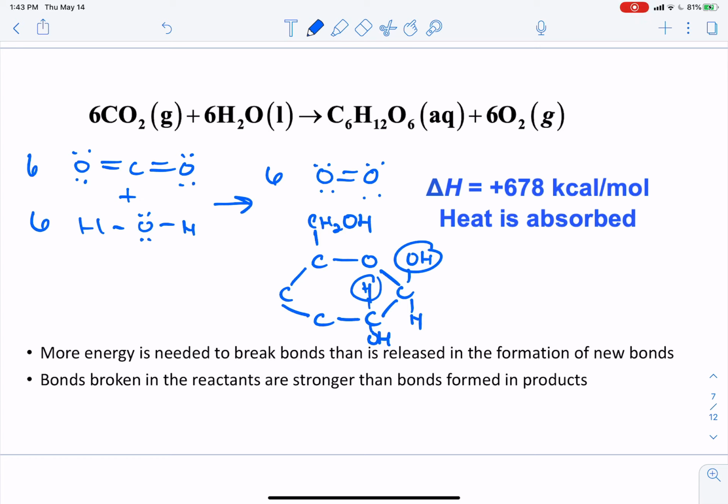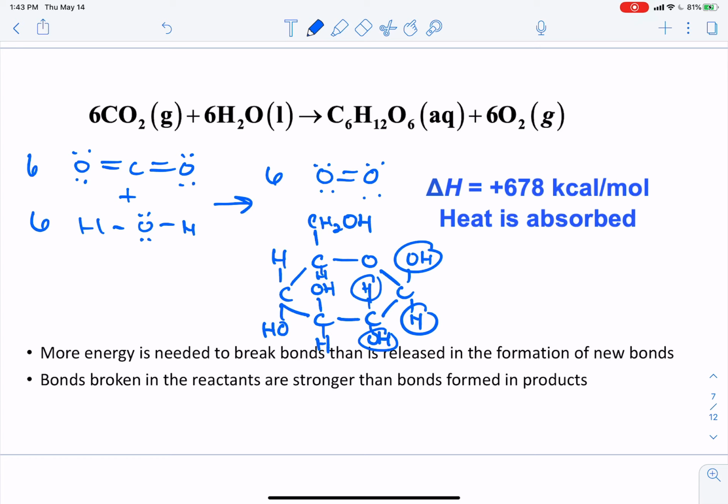So imagine the ring being flat and that OH and that H are above the ring, and this H and this OH are below the ring. So that hydrogen that looks like it's inside of the ring, it's not inside, it's going up. So it's just kind of hard to draw something in 3D on a piece of paper that's 2D. And then we have a hydrogen coming off the bottom of that carbon right there that's below the ring.